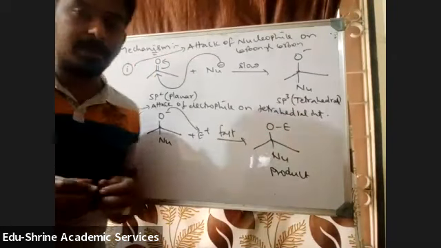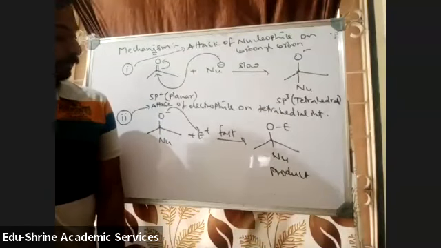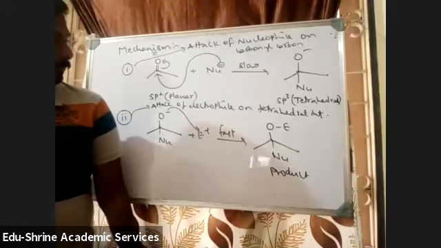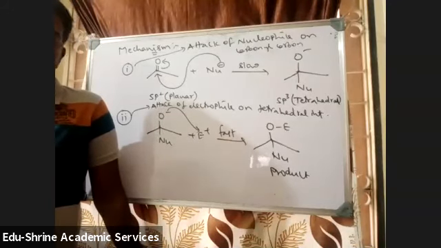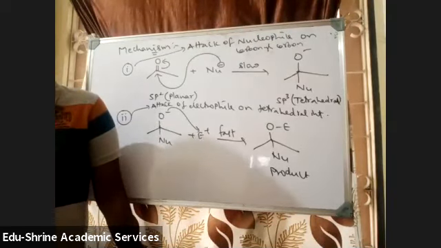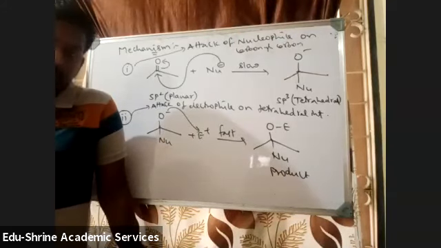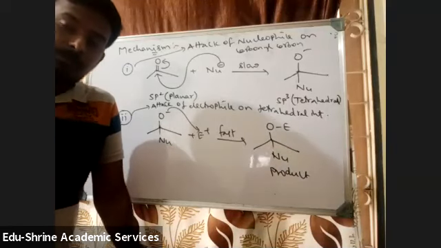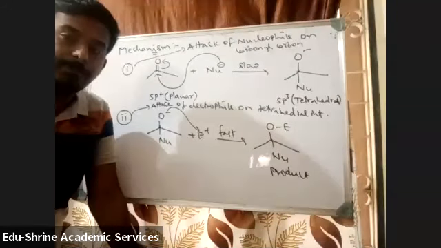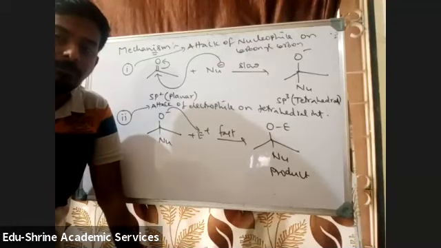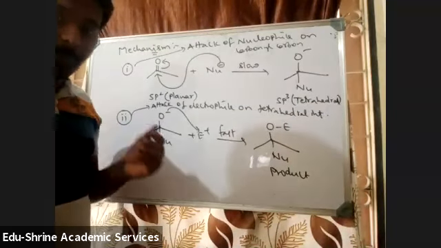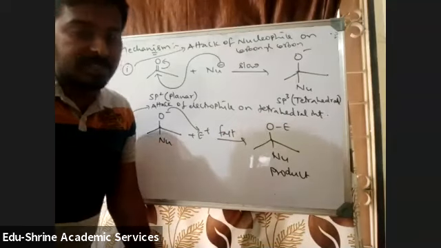So attack of nucleophile on carbonyl carbon is the first step, and attack of electrophile on tetrahedral intermediate is the second step.